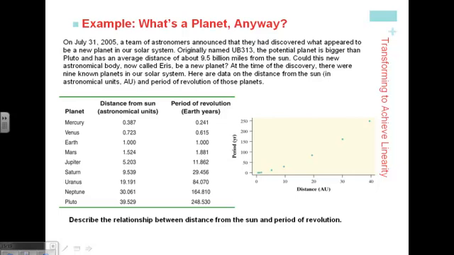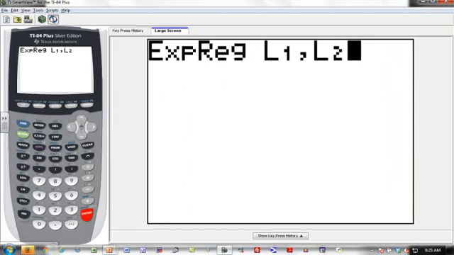Everyone able to see that? So distance from sun, I would like that to be my x variable. Let's put it in L1. And period of revolution, let's put that in L2. Freeze the screen, so I can put it in my calculator as well.